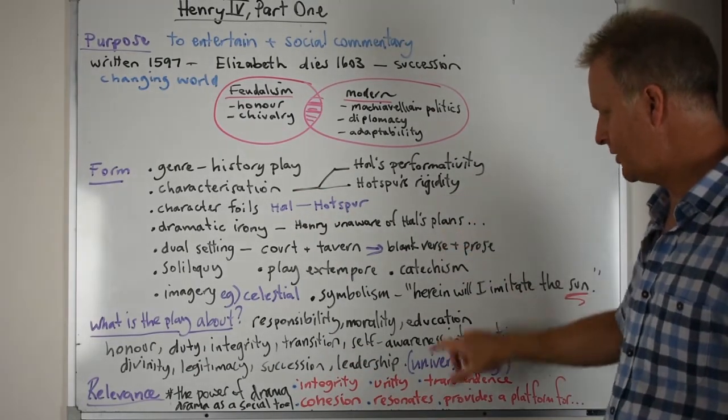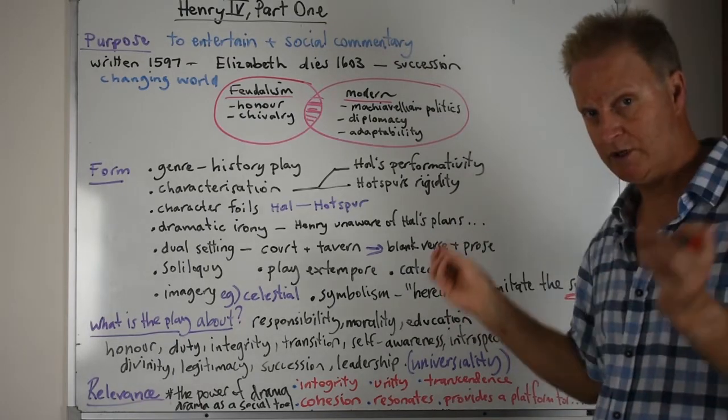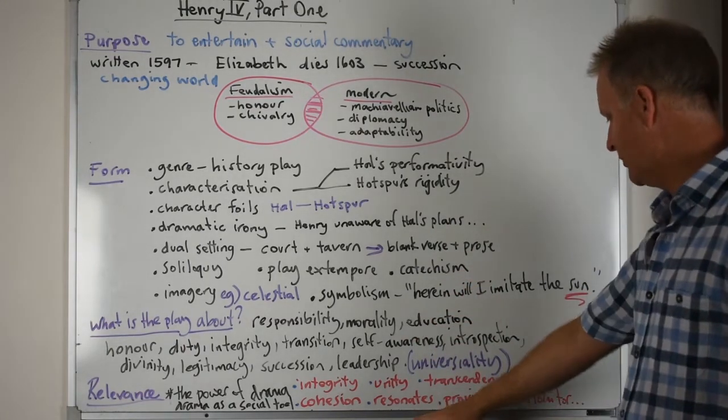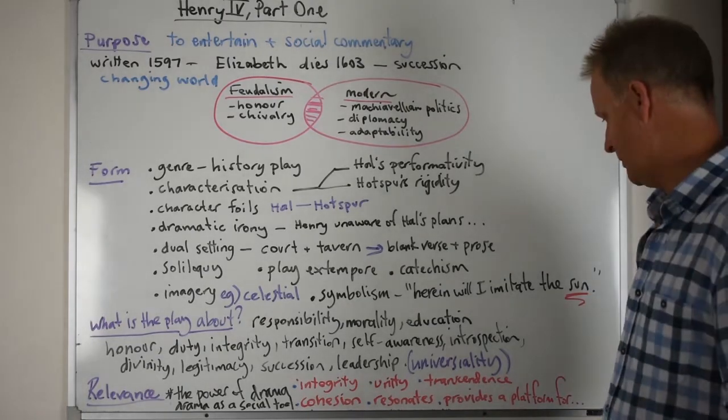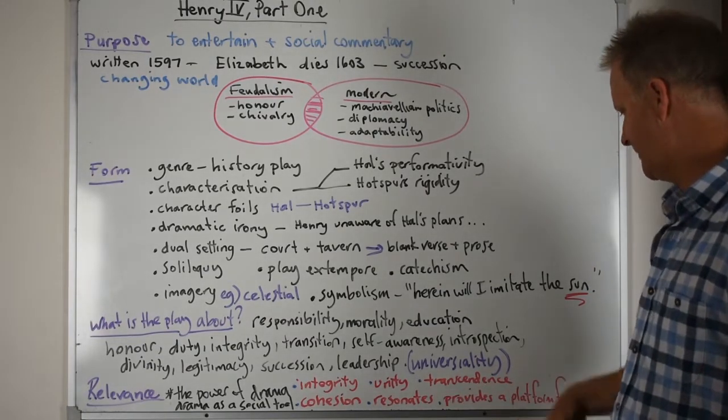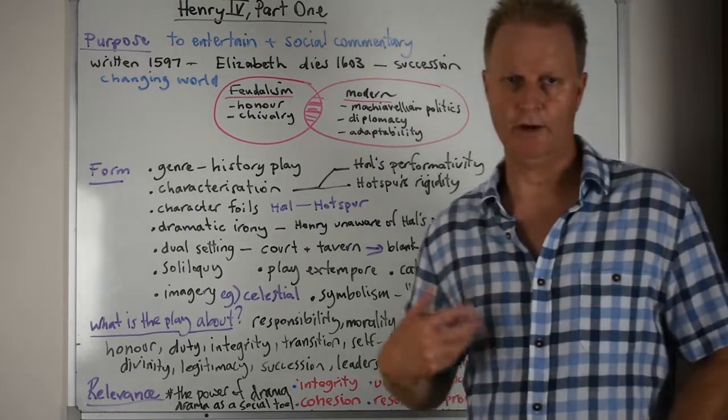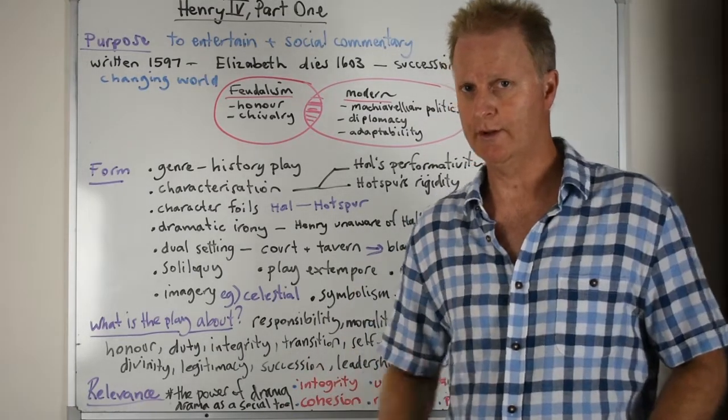He provides a unity through the way in which he constructs his message that resonates. It provides a platform for social commentary, and it transcends time. That it's very skillful in doing that.